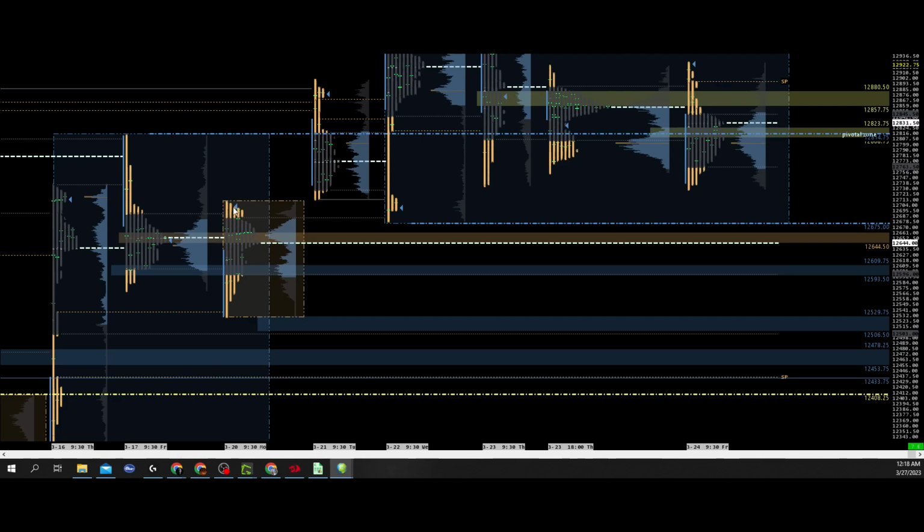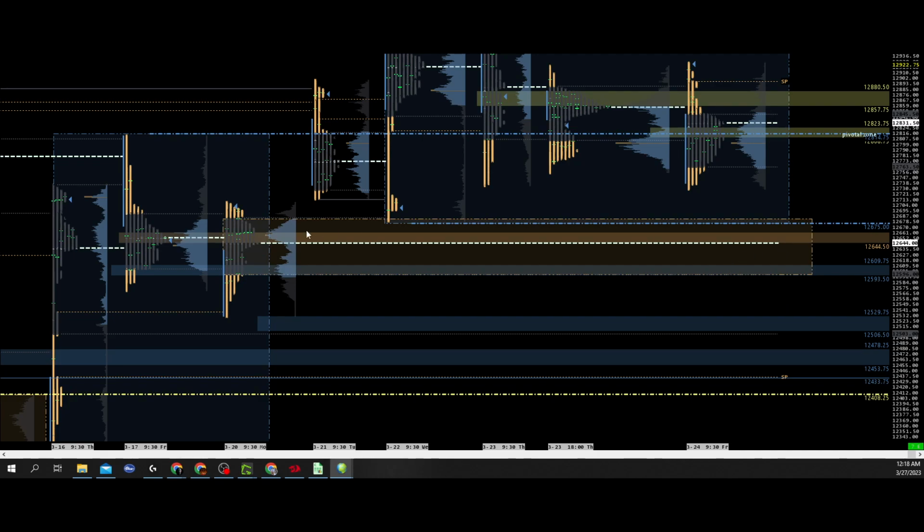If we extend the value of this day, or the balance area of this day from a TPO perspective, it is pretty untested. And the TPO and volume point of control, which lie right in here against the primary LVN of this whole distribution, is also cleanly untested.